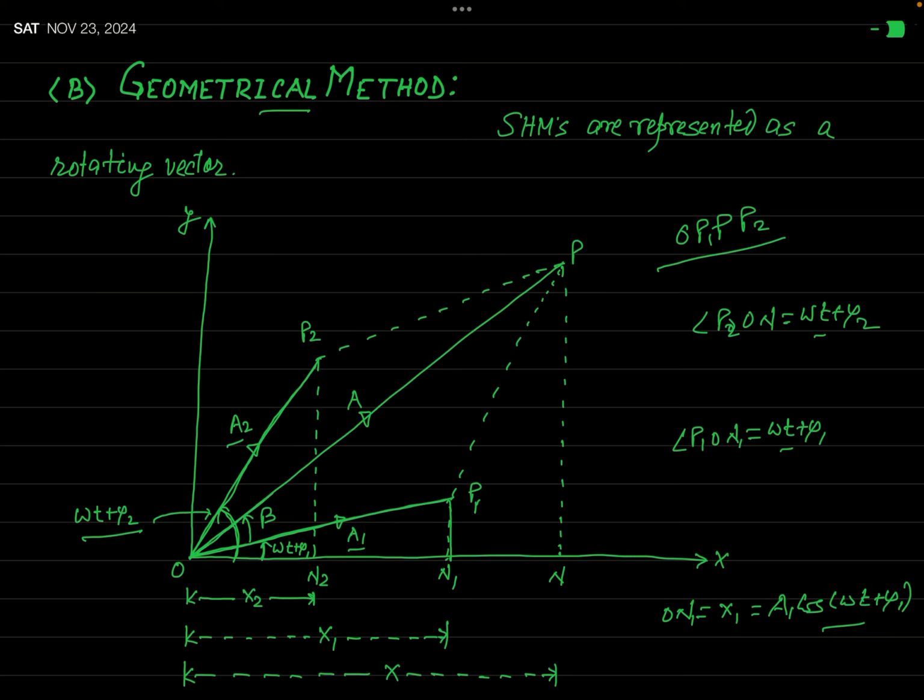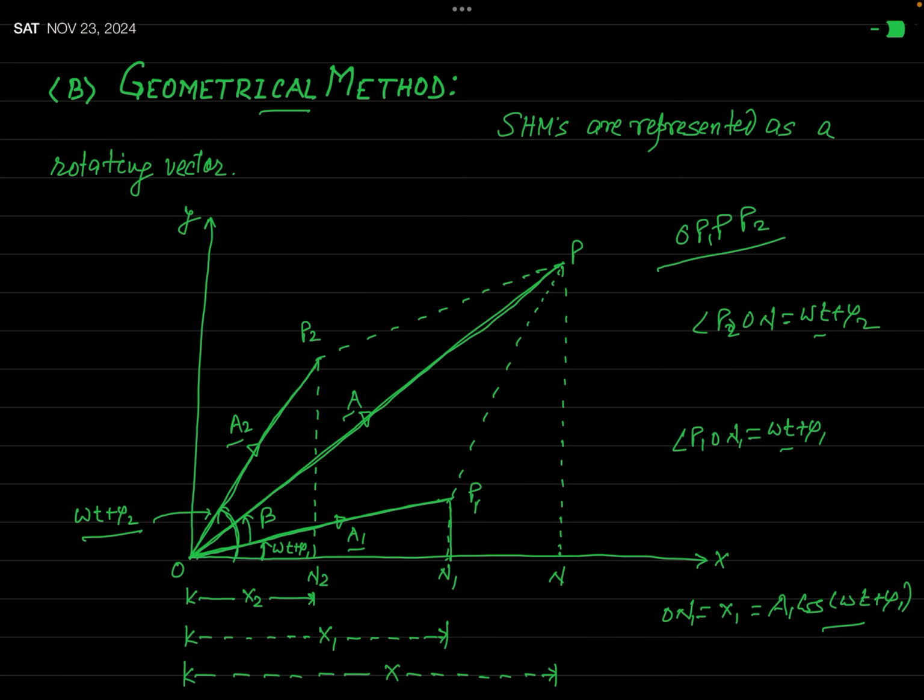So this diagonal OP, which has a length of A, represents the resultant of A1 and A2. And we consider that this resultant A makes an angle beta with OP1.